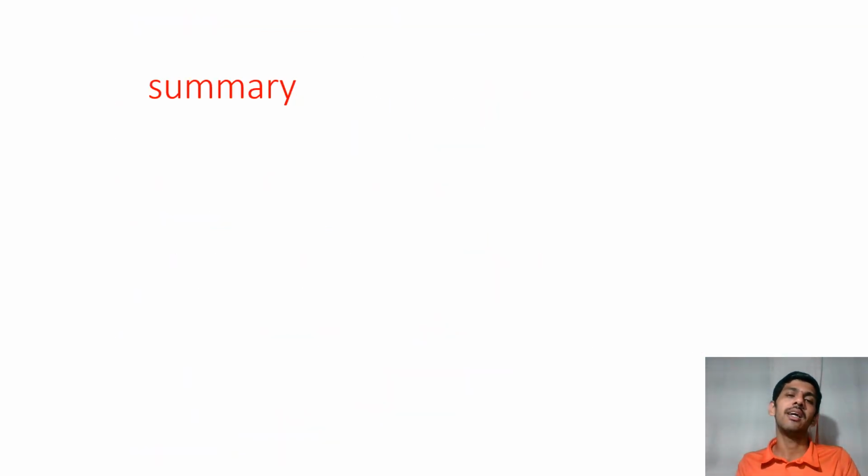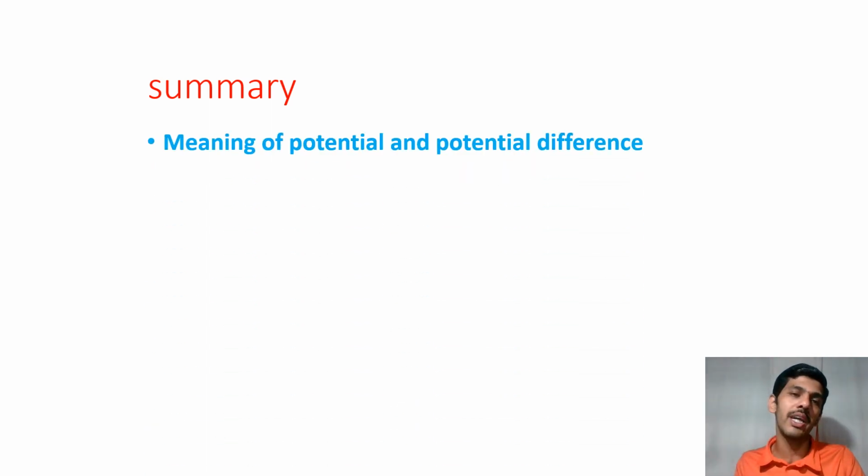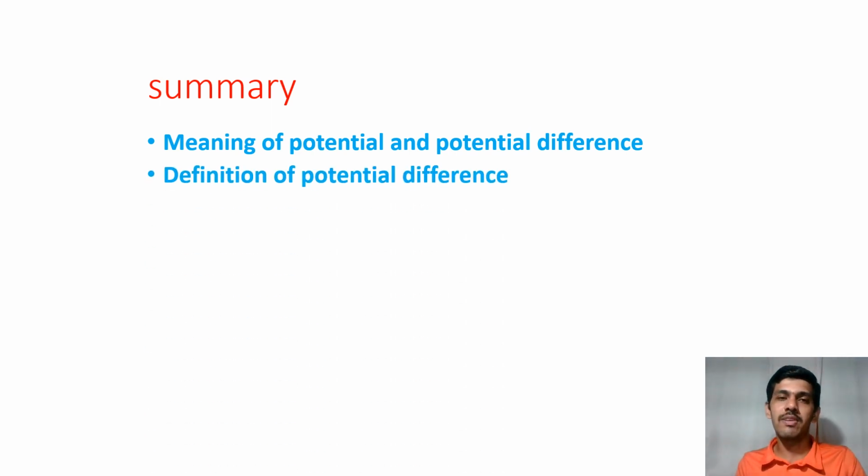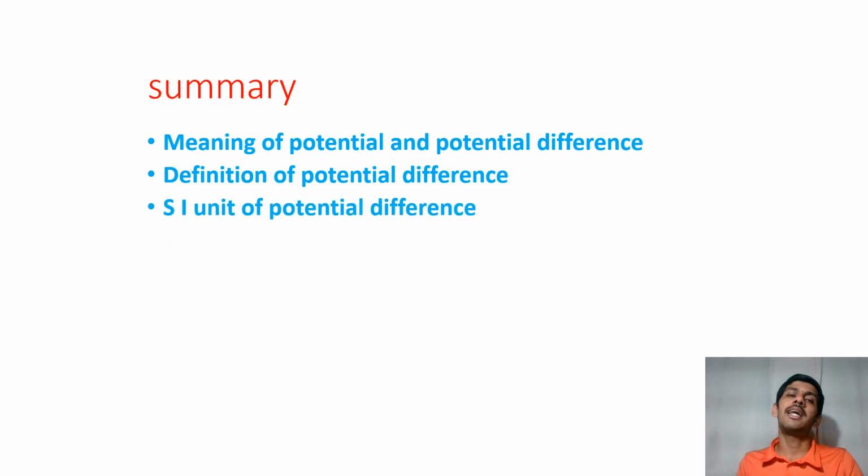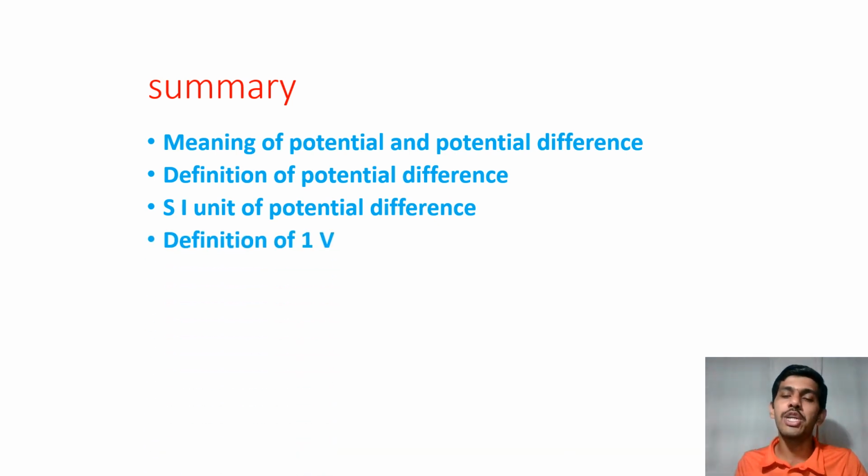The summary of the things which we have discussed today: first we discussed the meaning of potential and potential difference, and next the definition of potential difference, the SI unit of potential difference and the definition of 1 volt.